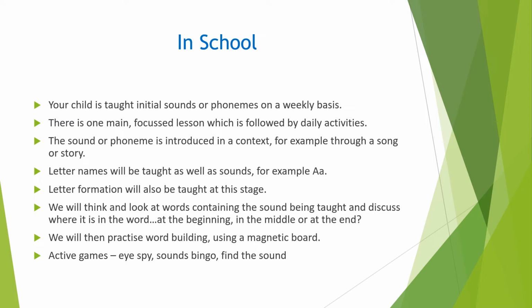An example of this is, if we were learning the sound A, we may show them a picture of an ant, and we would ask the children to say the word ant slowly. Then we would ask the children where they hear the sound A. Is it at the beginning, in the middle, or at the end? We will then practice word building using a magnetic board, which I'll talk to you about soon.